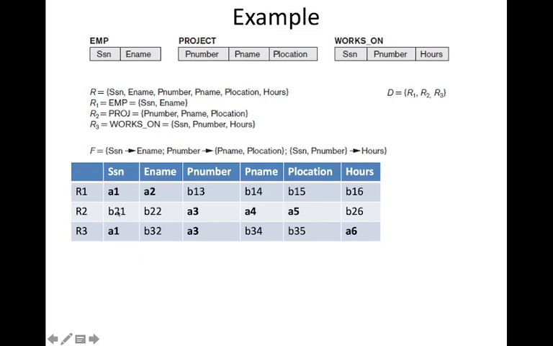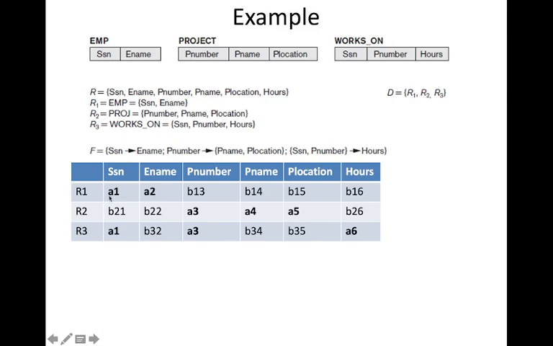If there is the same symbol, then we have to do one thing. Now in the E name part, the Y part, we check the E name column. Here we have A2 and B32.